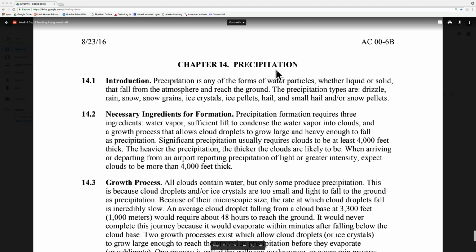The necessary ingredients for formation: water vapor, sufficient lift to condense the water vapor into clouds, and then a growth process that allows the cloud droplets to grow large and heavy enough to fall. Significant precipitation usually requires clouds to be at least 4,000 feet thick. The heavier the precipitation, the thicker the clouds are likely to be.